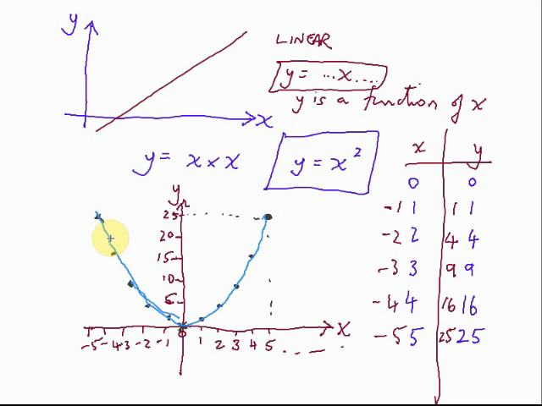So is this a linear function? Is y equals x squared a linear function? No, it isn't, because it's not a straight line, is it? It's what's called a parabola. It's a parabolic function.